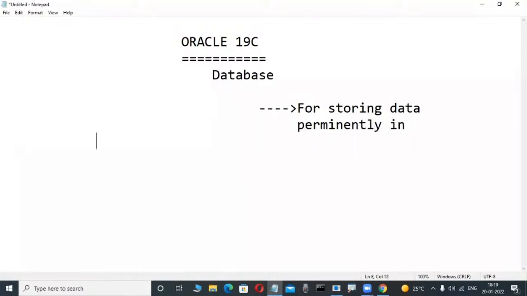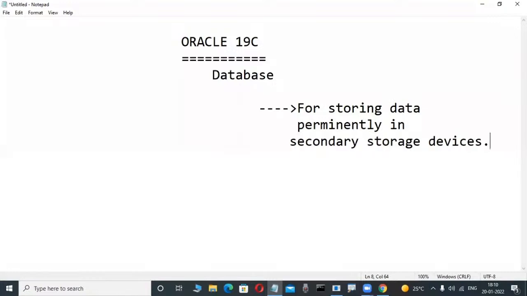Secondary storage devices means maybe a hard disk. Permanent. Suppose today we store our data; after 5 years, 10 years, 20 years, even 100 years, your data is still available.